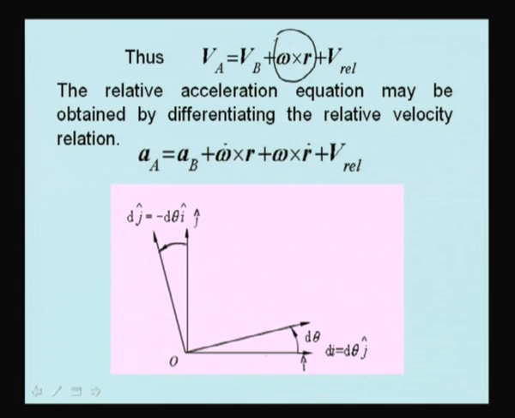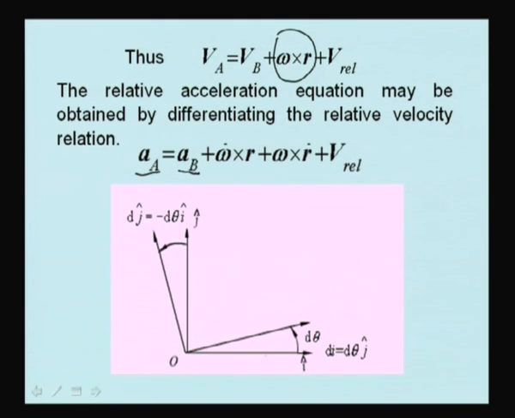Likewise, we can find the expression for the relative acceleration. The relative acceleration equation may be obtained by differentiating the relative velocity relation, V_A is equal to V_B plus omega cross r plus V rel. Differentiate V_A with respect to time, you get a_A. Differentiate V_B, you get a_B.